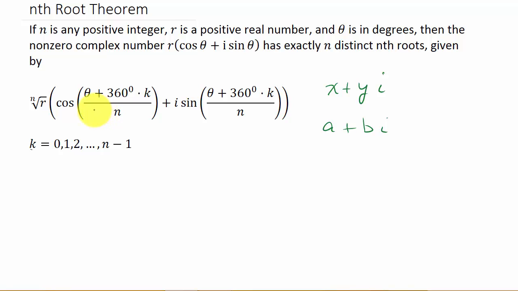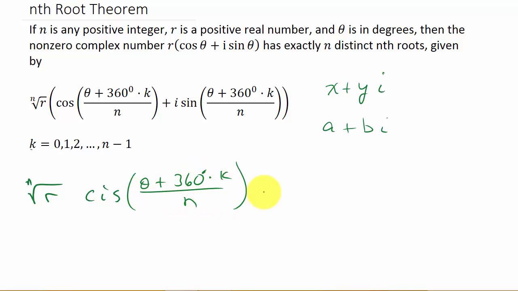The other thing I want to show you, because it's going to make our work a little shorter, is that this right here can also be written as the nth root of r times cis of theta plus 360 times k over n. This is an abbreviated form.